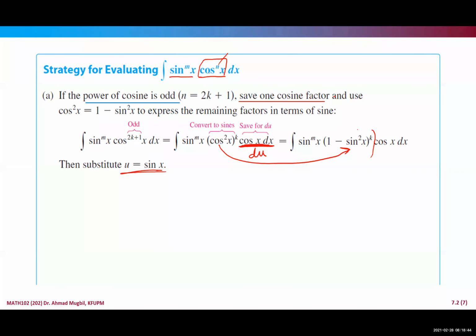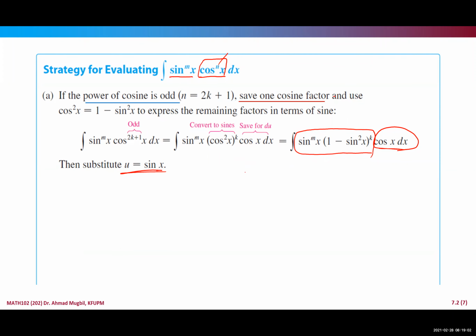You will write all of your integral in terms of sine, and this will be the derivative of sine. The idea is clear. If the power of cosine is odd, then save one cosine factor and use this identity to express the remaining factors in terms of sine. Is it clear? If you have an odd power, convert the cosine to sine and save one factor.